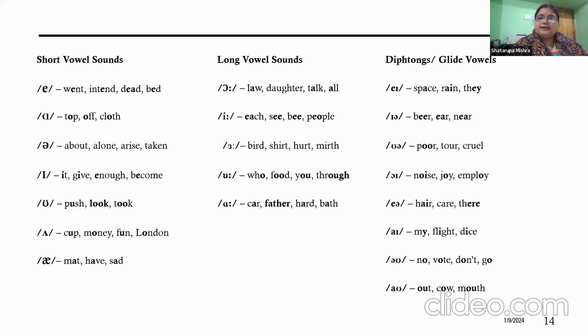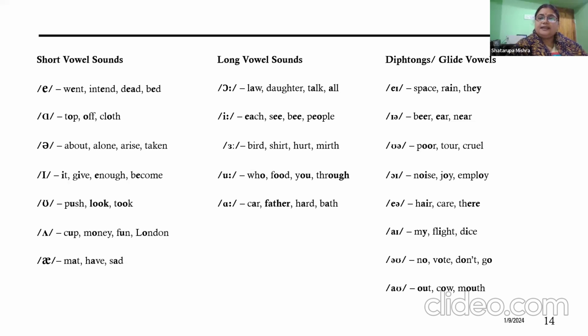A: space. Okay, give me some space. Rain, they. Then ear: beer, here, near. Then poor, tour, cruel. Okay, then oi: noise, joy, employ.